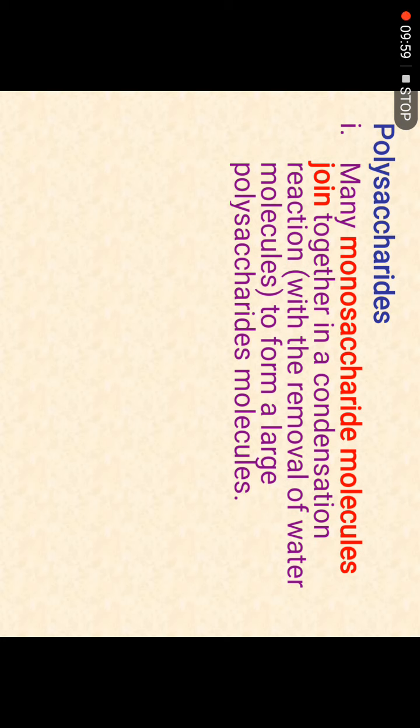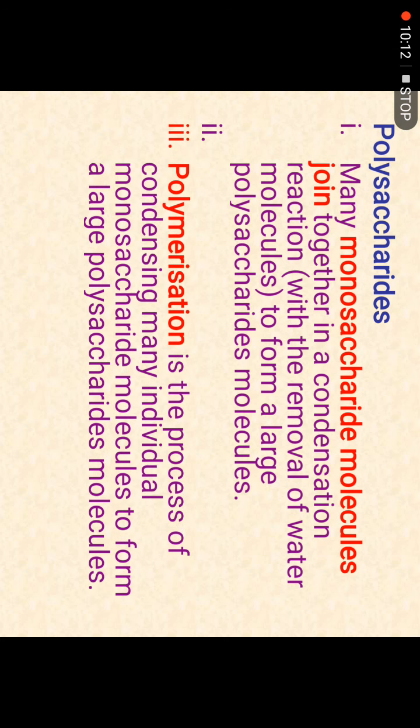It can be very long, depending on their function. Same process, condensation, and then they will form a very large polysaccharide. So this process is no longer condensation only. From the many condensations, the monomers join together, and the process of becoming long is polymerization.